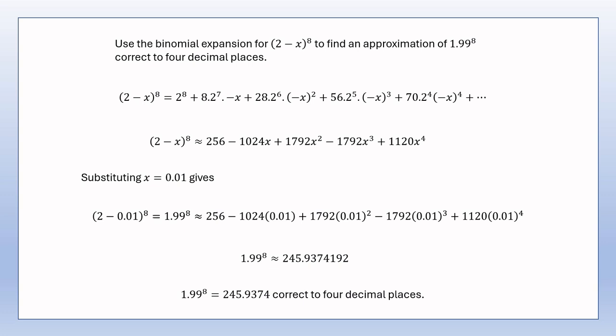And of course, this kind of method for approximating the values, such as 1.99^8, is fairly obsolete and redundant now with calculators being widely available. The importance of such a technique would have been much greater back in the day, I suppose. But nevertheless, this is an application of the binomial expansion, and despite its practical redundancy, it still highlights how binomial expansions can be used.